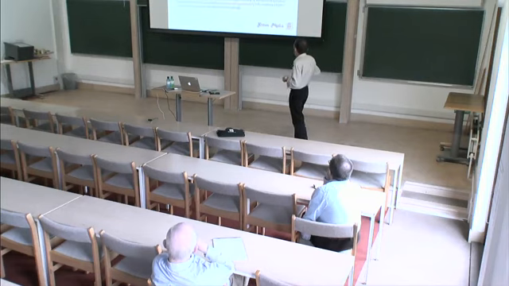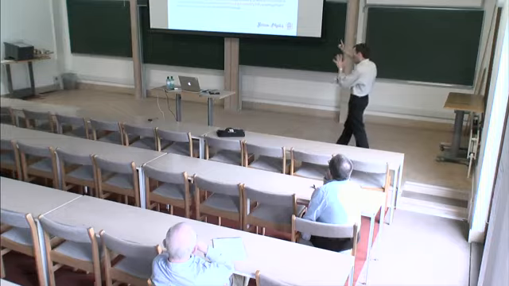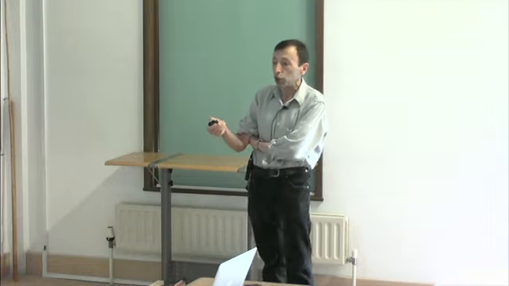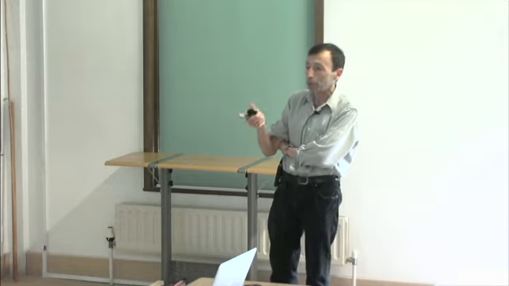Okay. Now, one aspect of the theory in terms of agreeing with experiment is that there's an additional prediction here which we think is important, and that comes back to something I alluded to earlier in terms of adding the extra term to the Helfrich energy. So I showed you earlier pictures of ribbons, and so it's straightforward for them to measure the ratio of the ribbon pitch to width.